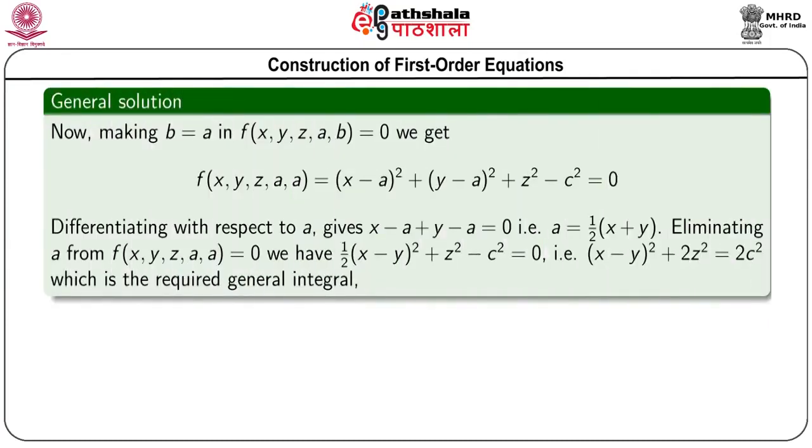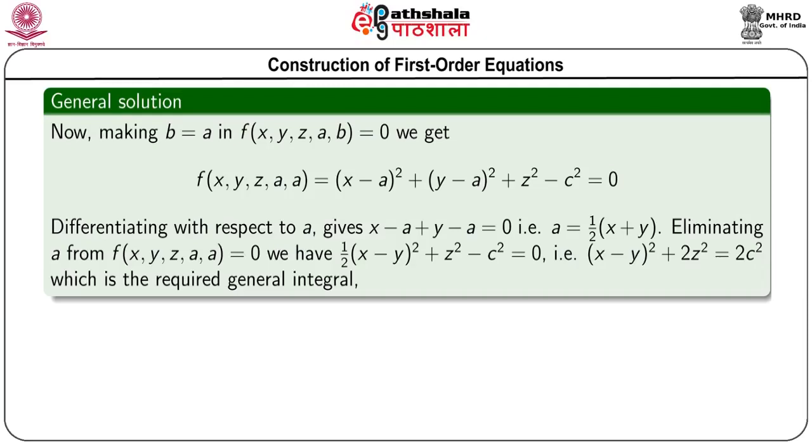Now, we are interested to find the general solution making b equal to a. So, the equation becomes (x minus a) whole square plus (y minus a) whole square plus z square minus c square equals 0. Now, differentiating this with respect to a, we get a equals half of (x plus y).